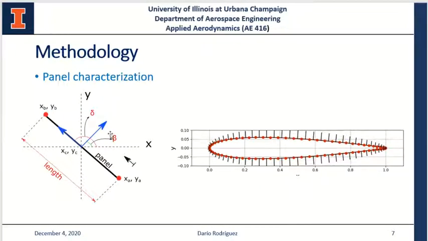This step is really important because, depending on the location of the panel, these angles are going to change. These angles determine how the integral components of both the source and the vortex strengths change.